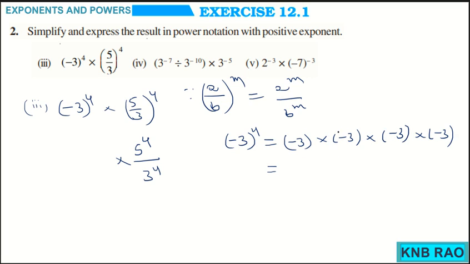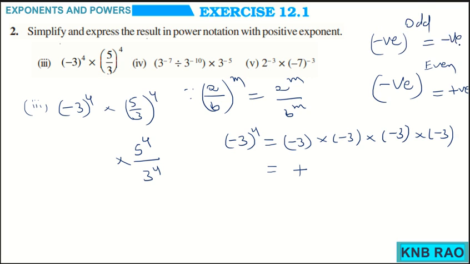So when the negative sign is multiplied an even number of times, the result will be positive. That is what we say: negative to the power of an even number gives a positive result, and negative to the power of an odd number gives a negative result. So since in minus 3 whole power 4, this 4 is an even number, the negative sign multiplied by itself 4 times gives you a positive answer.